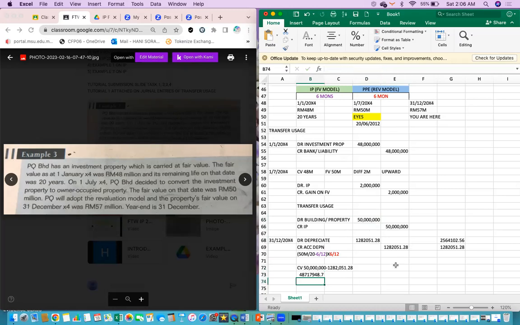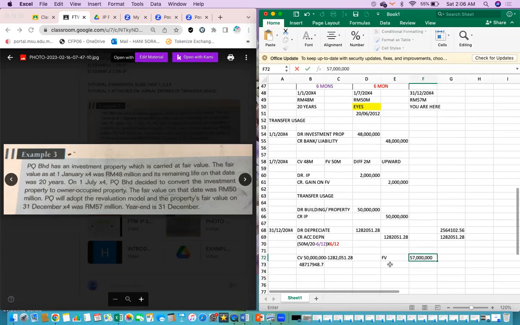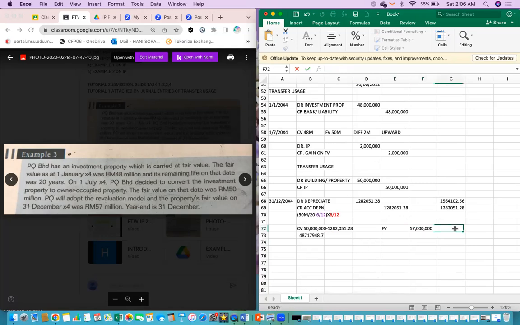Alright, so that's the value, and then we're going to compare with the fair value, and the fair value is 57 million. Okay, so let's look at the differences. The difference between these two values is 57 million minus this amount. Okay, good job.